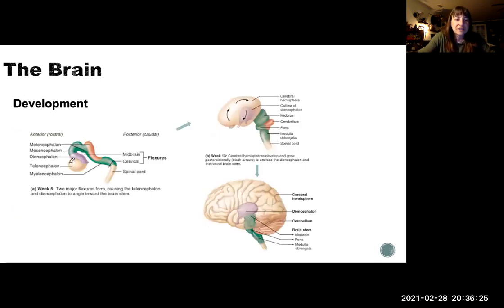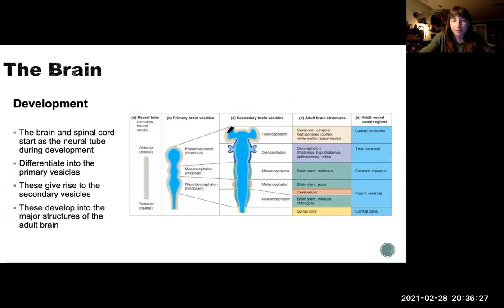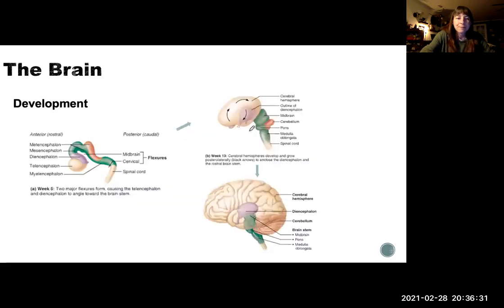Here's another view of this. So here's the telencephalon, which looks like this Mickey Mouse ears kind of structure going on. And as we move through development, you'll notice that the telencephalon starts to get much, much bigger than the rest of those ventricles. It actually grows up, over, and around the diencephalon and enfolds it into the center of the brain, which is where it remains.